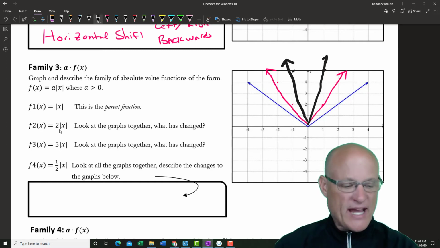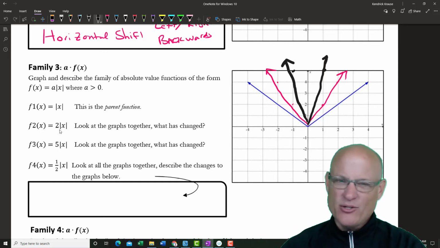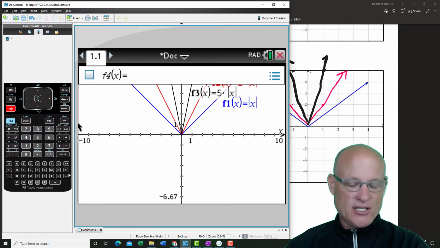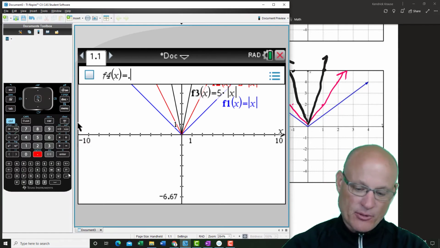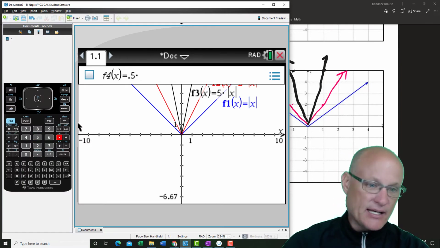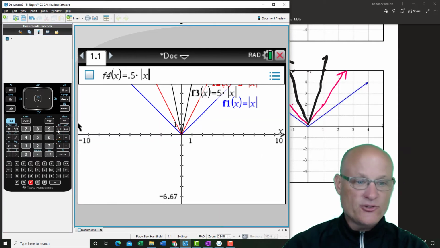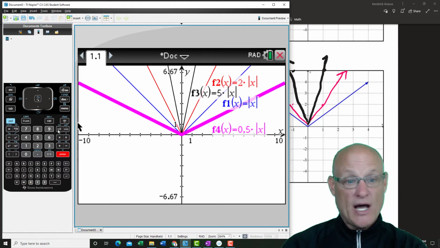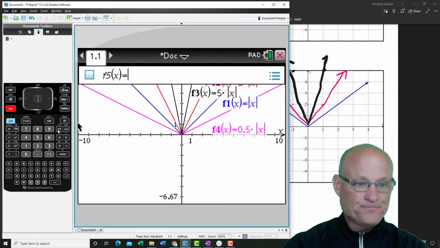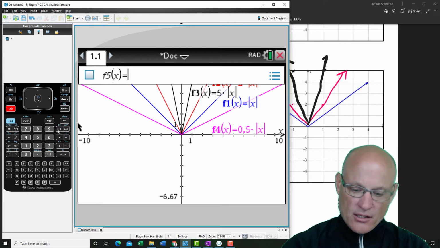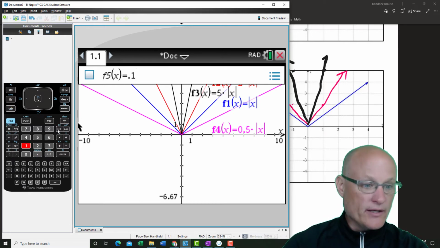What happens when I put a 1/2 in front then? I think you know. I think it should be pretty obvious. If I put a half in front of there, I'm just going to put a 0.5 times the absolute value of x. It should be pretty obvious that instead of getting steeper, it actually gets wider. You know, if I put a 1/10 in there, 0.1 times the absolute value of x.